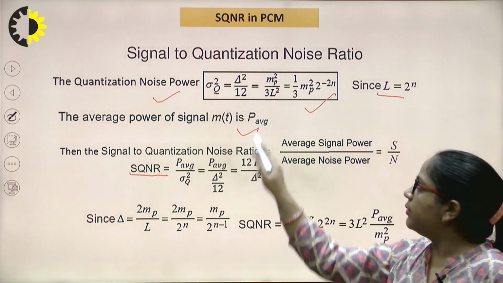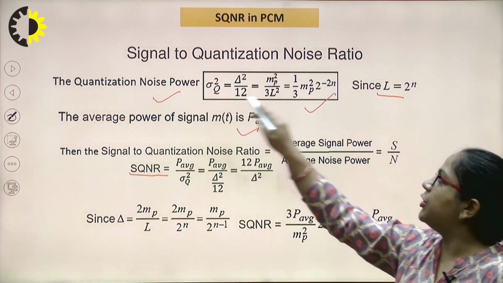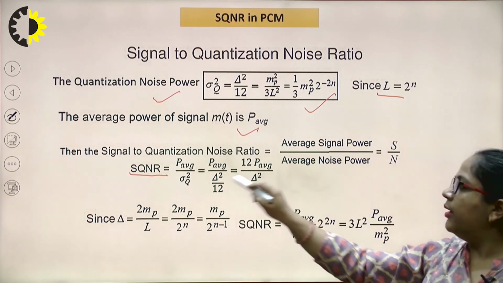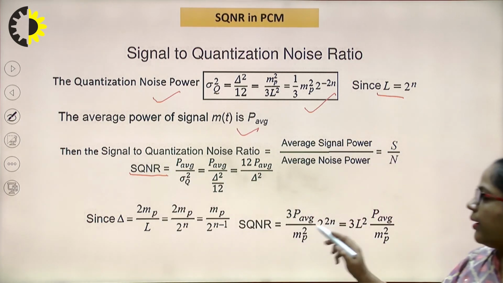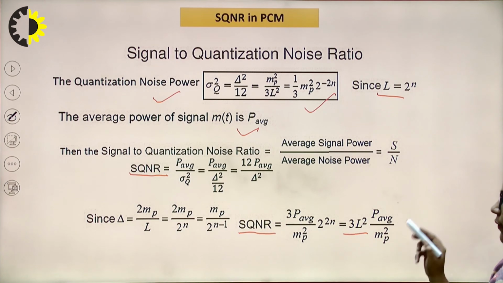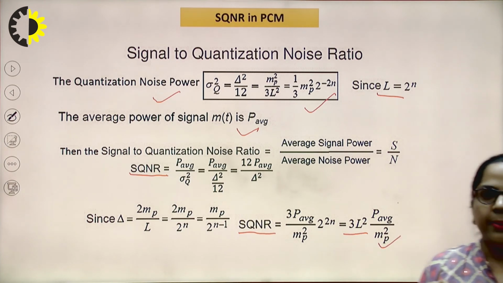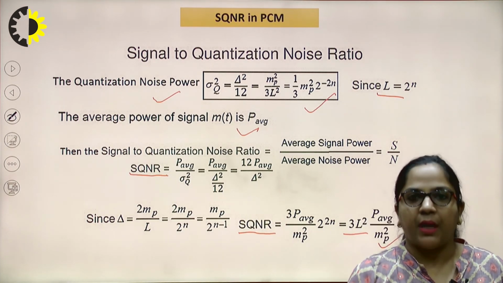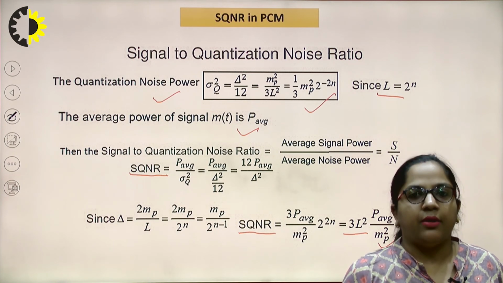After putting in this relation of quantization noise error, we can also write SQNR equals 3L² P average divided by mp², where mp is the peak amplitude of the analog signal.